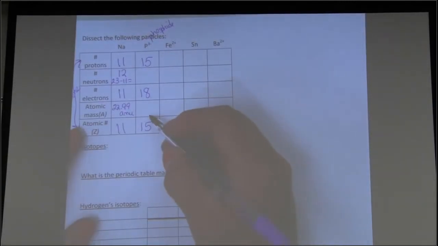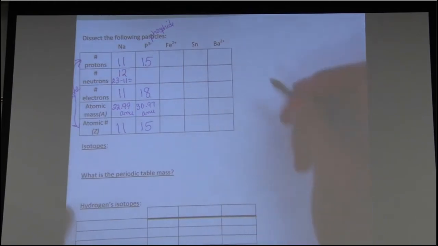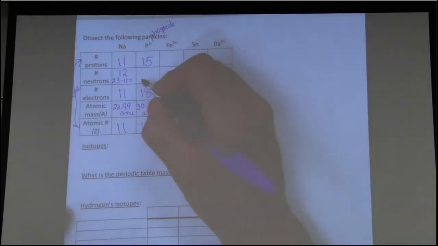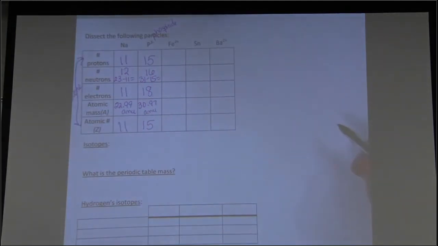What's the mass? 30.97 AMU. Good. And then neutrons, how will we do that? How do we do it, though? 31 minus 15, which is 16. All right, you do the next 3.